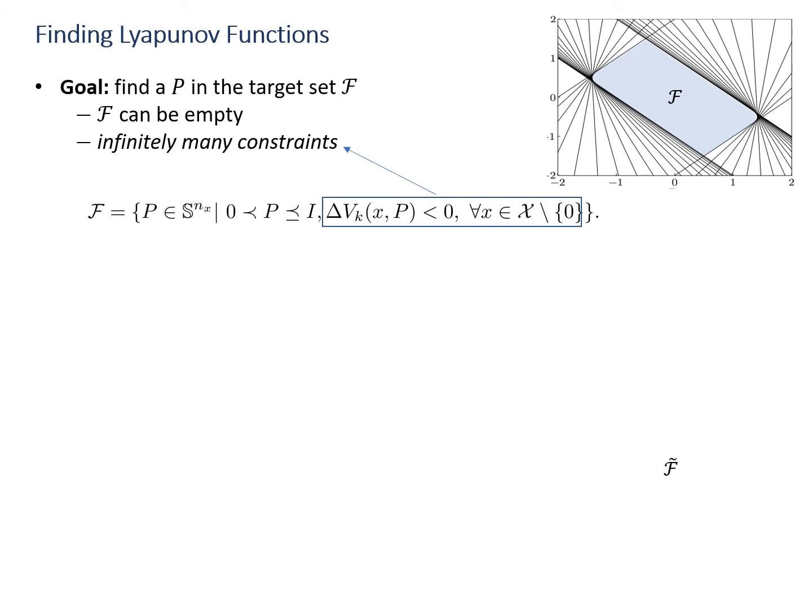However, F can be empty, meaning that the class of Lyapunov function candidates may not be sufficiently large. Furthermore, the set F is characterized by infinitely many constraints, since we require the Lyapunov decrement condition to hold for all the states. Therefore, finding a feasible point is still not computationally tractable.